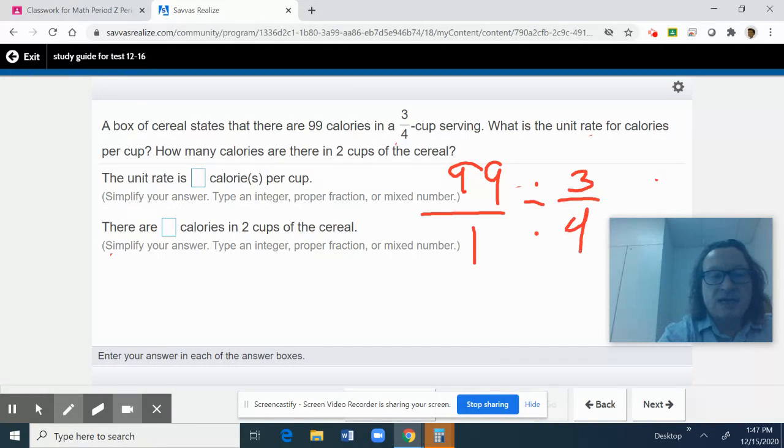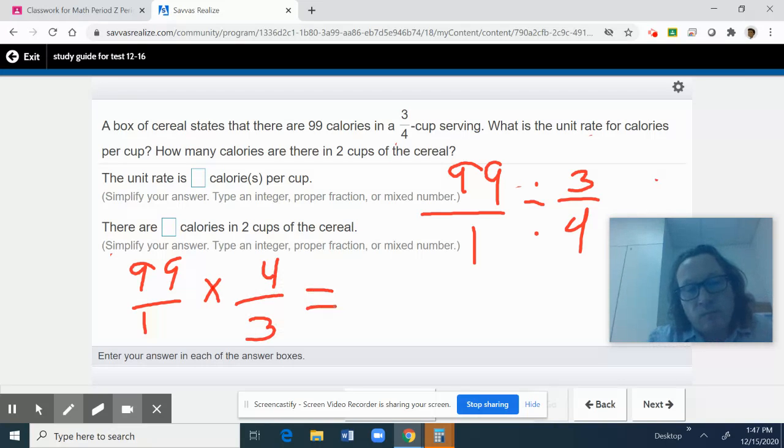So now that we have fractions, I'm going to rewrite this over here as 99 over 1. Keep, change division to multiplication, and flip. So we can do 99 times 4 and divide that by 3, and that'll give you your answer.